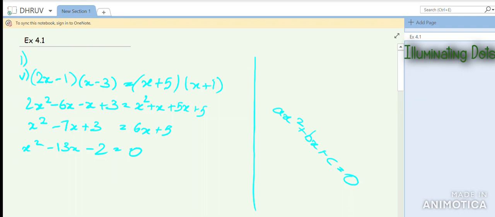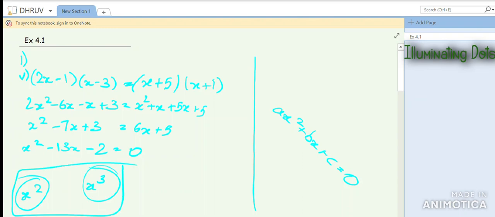What we have to do in this type of question is simplify the equations and see if they are in the general form of the quadratic equations or not. In some questions the x square part would be missing. In some equations x cube will also be there. These equations will not be satisfied, because when they don't have x square or they have x cube, they become linear equations and cubic equations respectively.